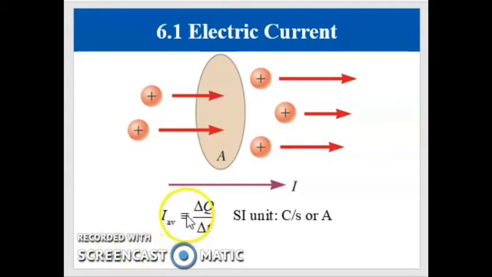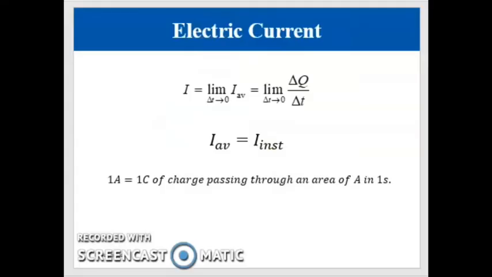I is defined as delta Q over delta T with the SI unit of coulomb per second, or A, which is ampere. Since there are generally a very large number of charges involved in a current, it makes sense to define an instantaneous current with the first equation here.